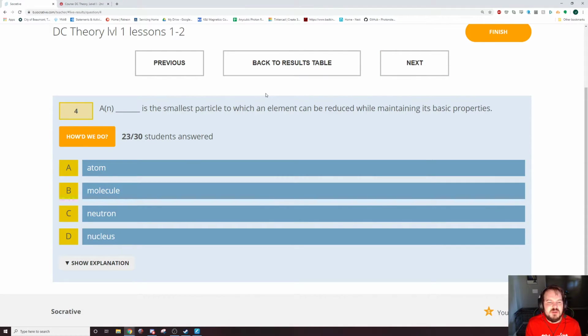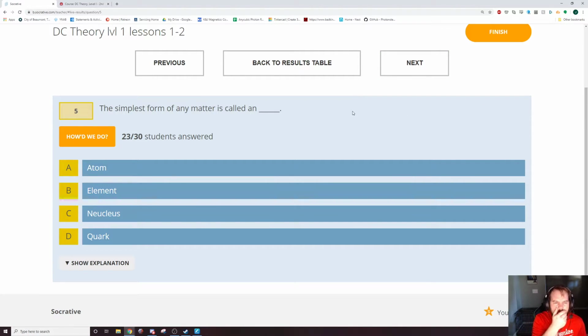A blank is the smallest particle to which an element can be reduced while maintaining its basic properties. So, this is an atom. You can't make an element any smaller than an atom and it still be that element. The simplest form of any matter is called a what?